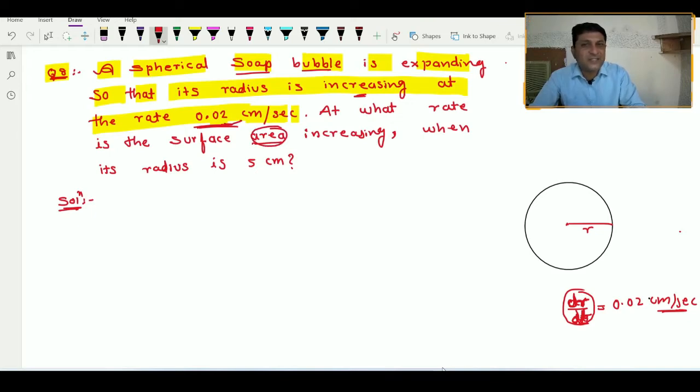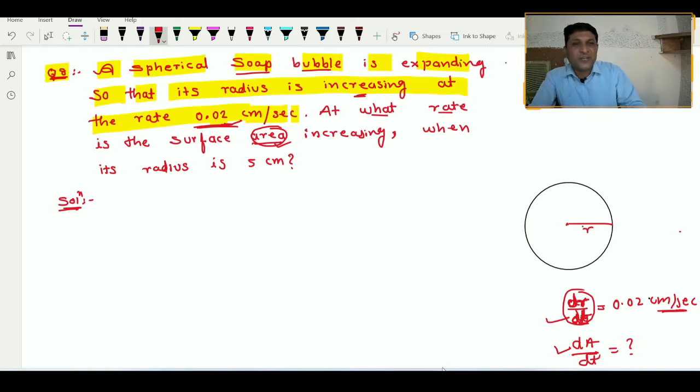If the radius is increasing, definitely the surface area also increases, and our aim is to find at what rate this surface area is increasing, that is, to find dA by dt, the change in area.